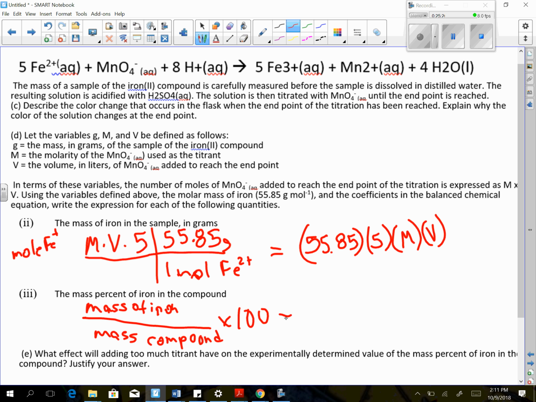And so didn't we just find this one? So we can just write that, 55.85 times 5 times M times V all over, what's the mass of the compound?